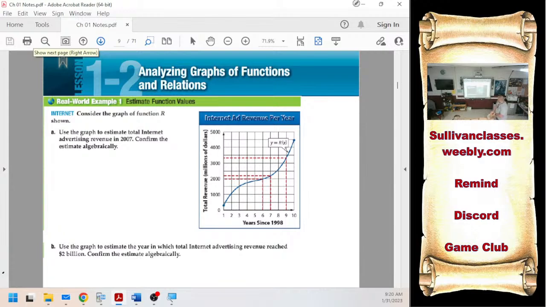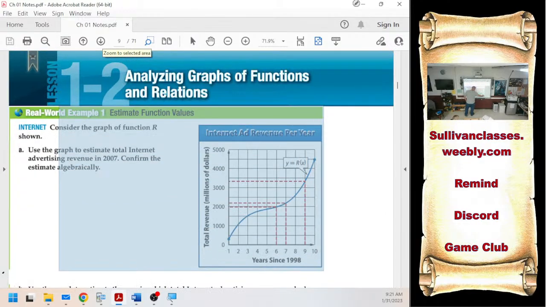I'm bringing this out because I forgot to actually put the function for this up here. All right, graph analysis.